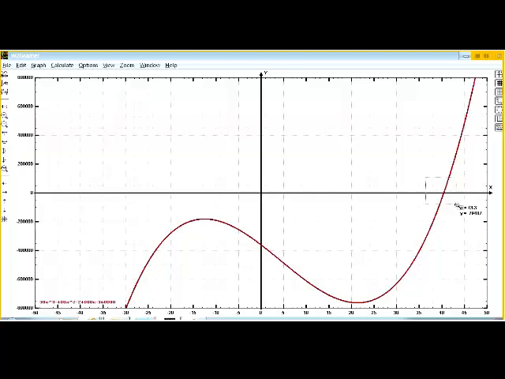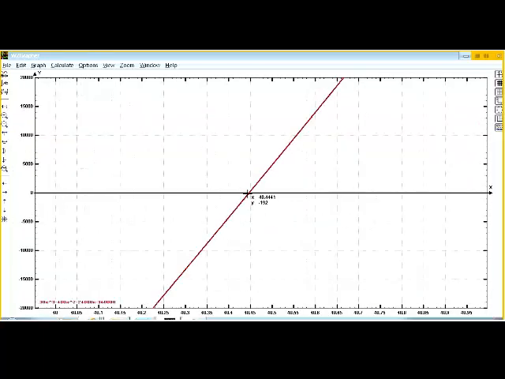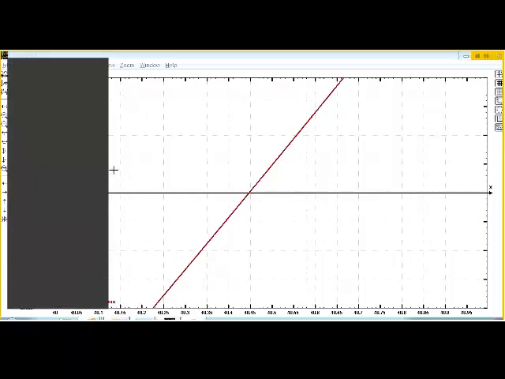So it's right there when it crosses the x-axis. So I can zoom in easily, and I can see that the solution is 40.45. So that is the value of x, which will cause the numerator of our expression to go to 0. So we just write that down.